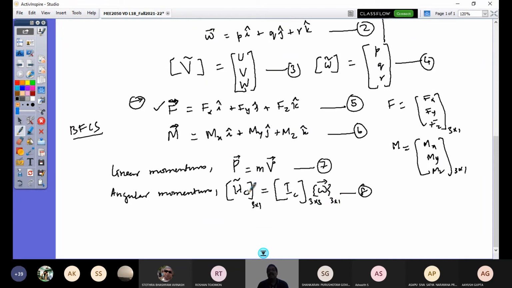But the important difference here is that linear momentum has a proportionality constant which is a scalar quantity, the mass of your vehicle, whereas angular momentum depends upon a matrix. It's not a single scalar value, it's called a tensor because it has many elements in this 3 by 3. 9 elements are there, and that is what is called the centroidal inertia matrix.